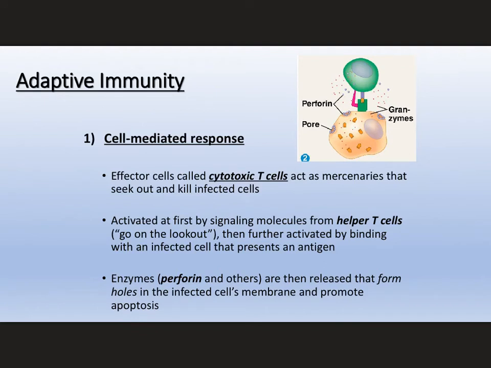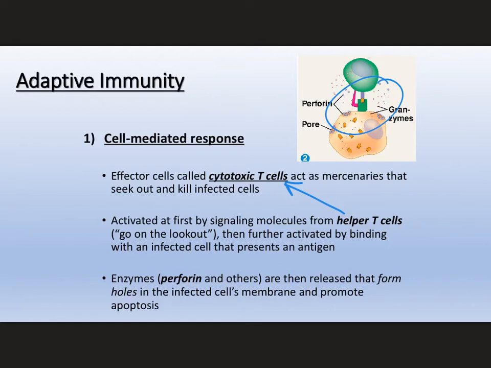Now the cell-mediated side is simple. Again, I'm going to circle it here. This involves cell signaling, right? In the cell-mediated response, helper T cells will alert cytotoxic T cells. Obviously, cytotoxic meaning cell toxic, or cell death, basically.